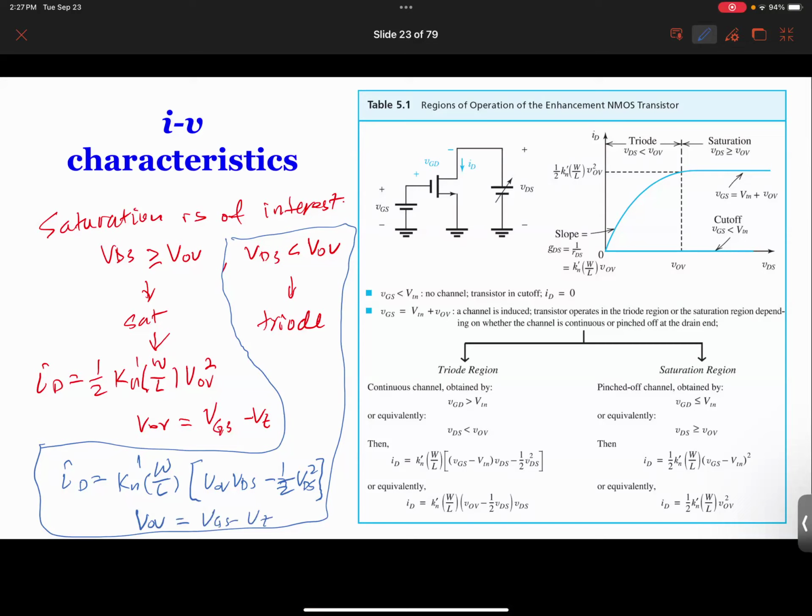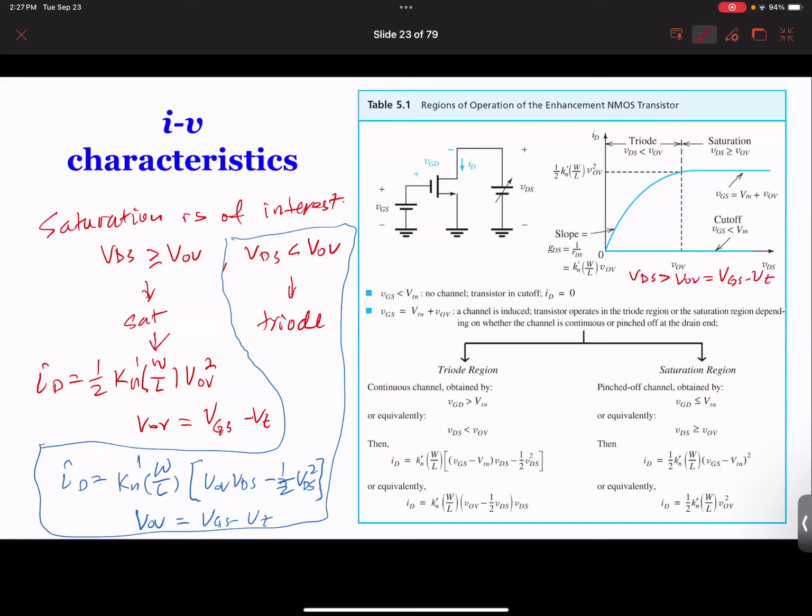One of the equations I want to write on the right-hand side of the table is this: because we said that the device has to be in the saturation region, VDS has to be larger than VOV, which is equal to VGS minus VT.